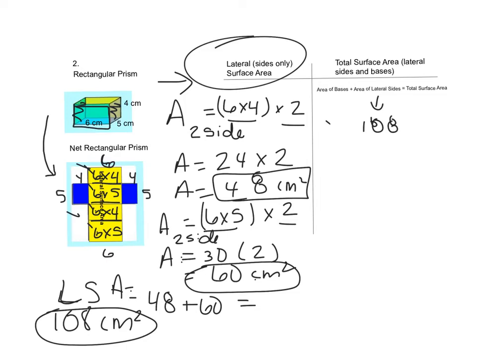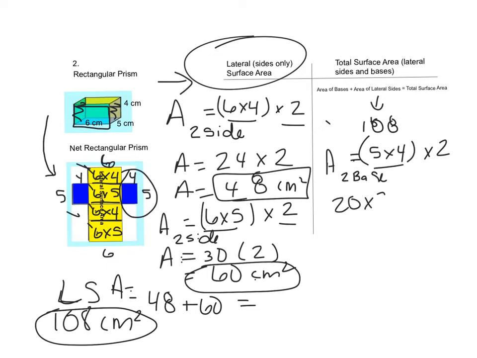We have 2 bases, and the dimensions of the base are right here. It's 5 by 4, and we've got 2 of those. So that's 20 times 2, which is 40 centimeters squared. So that is the area of the bases.